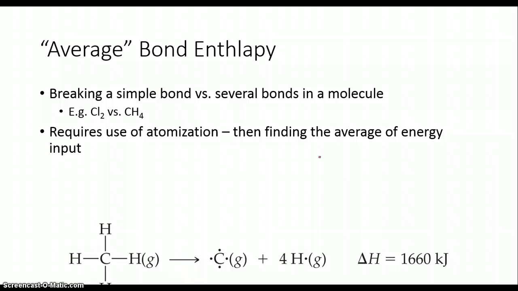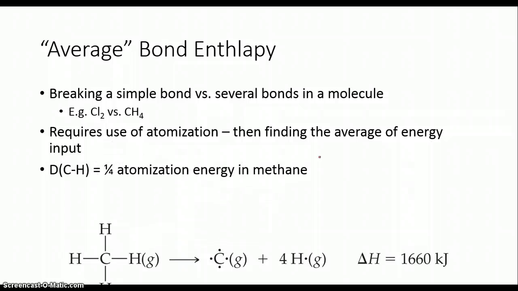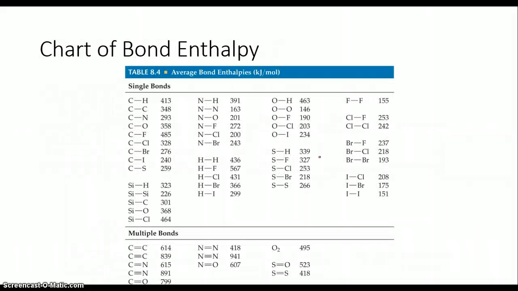Find the energy required to break it all apart, and then divide it by 4 for the fact that you have 4 of those bonds. So the bond enthalpy of the C-H bond is a quarter of the energy it takes to break apart the entire structure into its individual atoms.